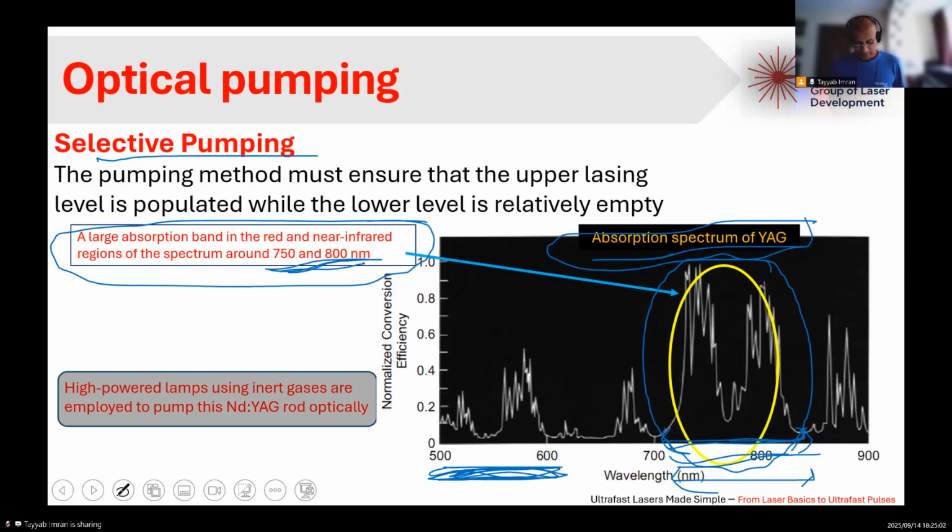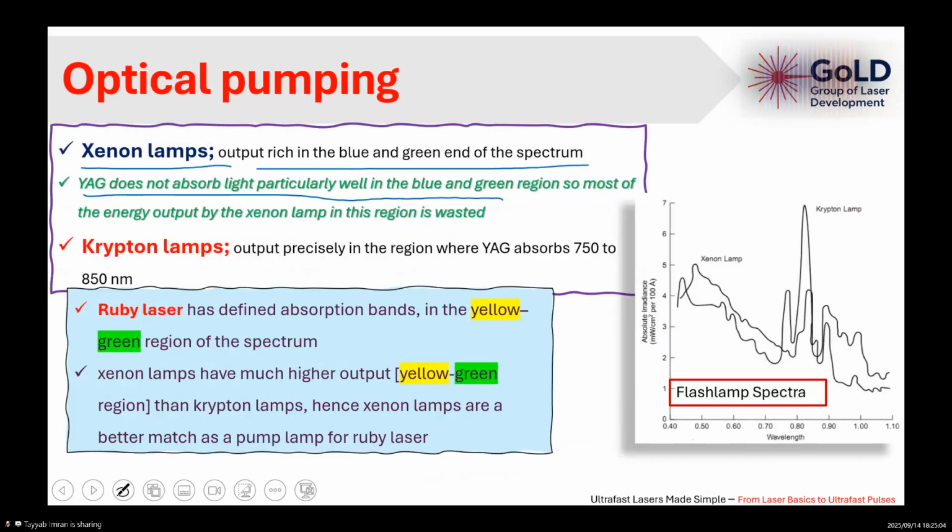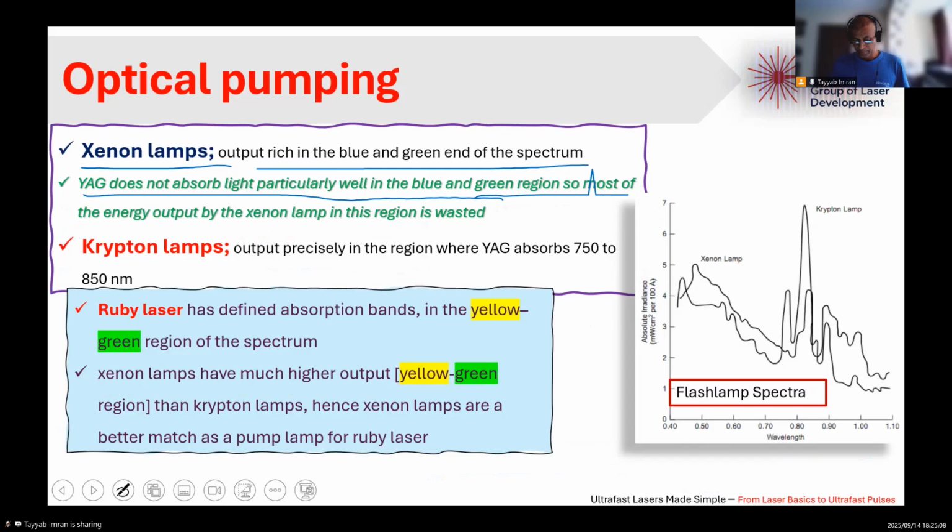If we use the xenon lamp pump source for the YAG laser, it's useless, in the sense that you will not achieve what you want to achieve.